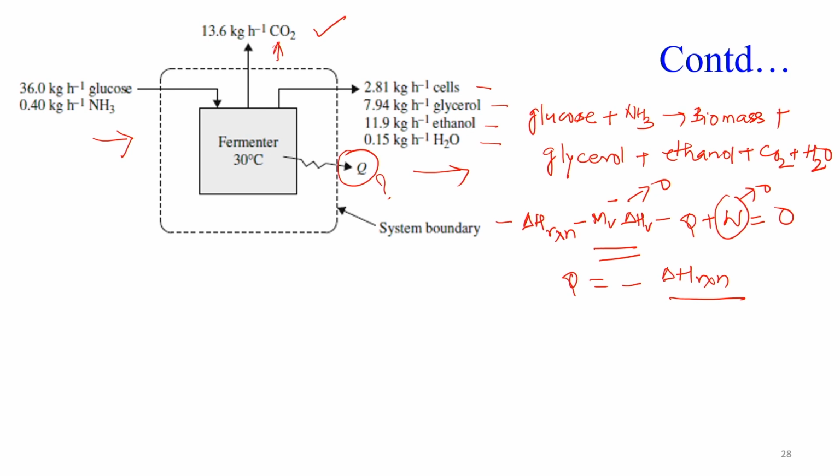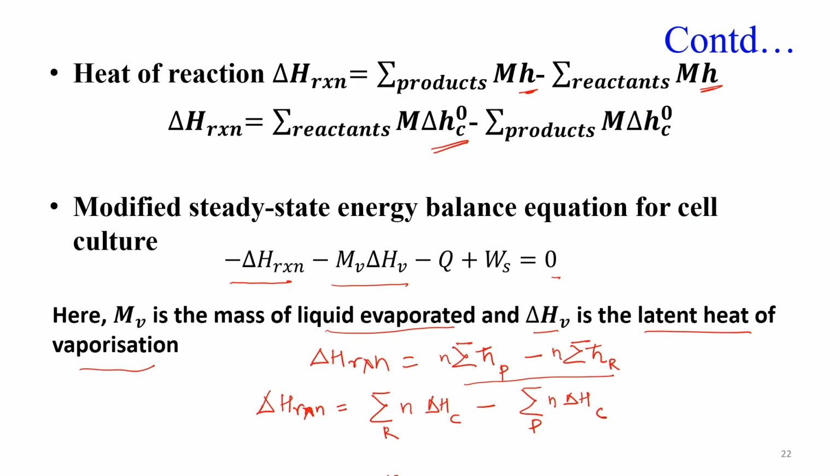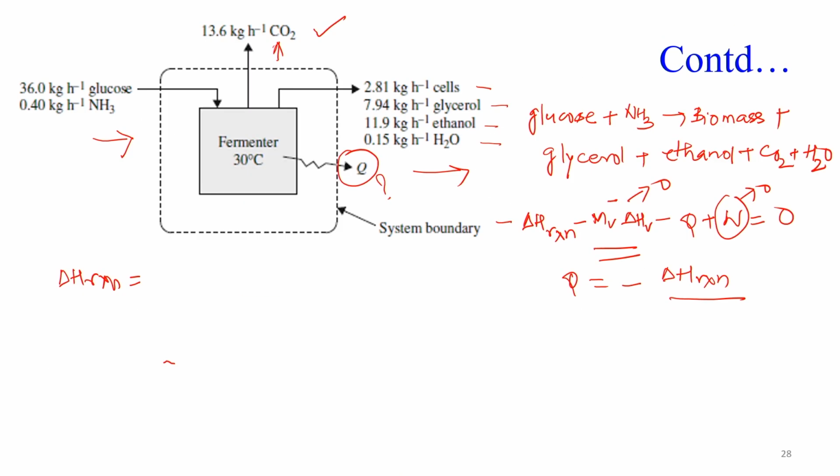What you have to calculate here is the delta H of reaction, and as oxygen is not the primary electron acceptor here, we calculate delta H reaction in terms of heat of combustion of reactants minus heat of combustion of products. So, what are the reactants here?